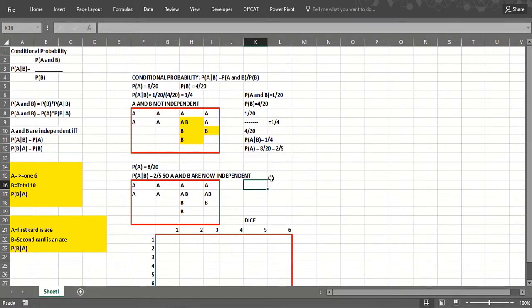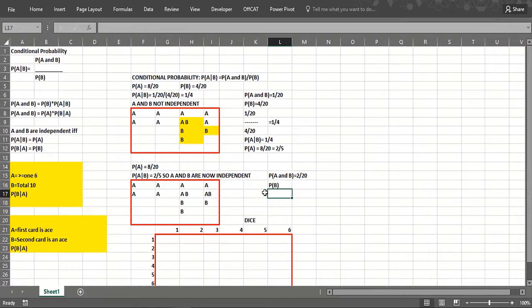Now let's look at a second example. So we have 20 points here. We have the A's and B's scattered about there. What's the probability of A given B? We need the probability of A and B first. How many points have A and B? Well, there's 2 of them. And then I have to divide that by the probability of B. How many points have B there?